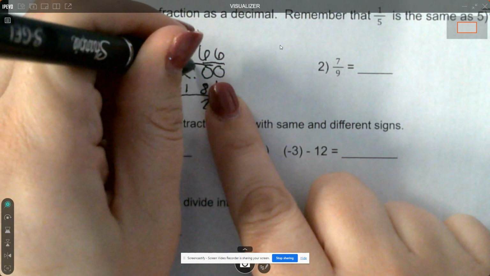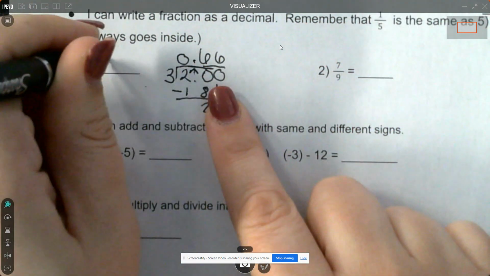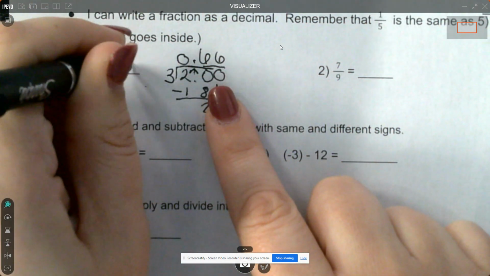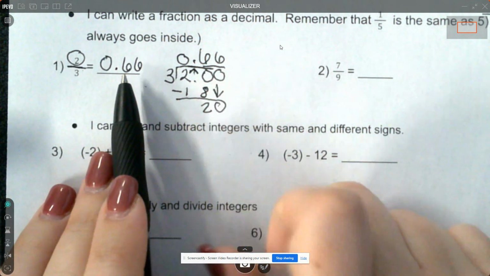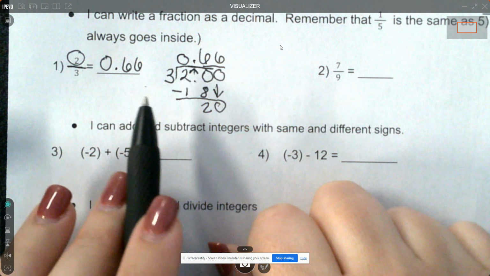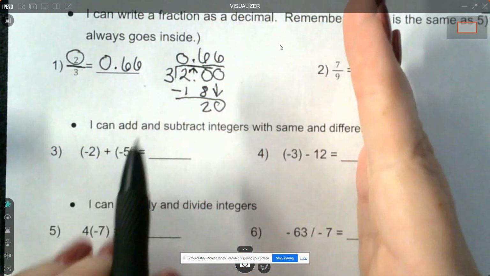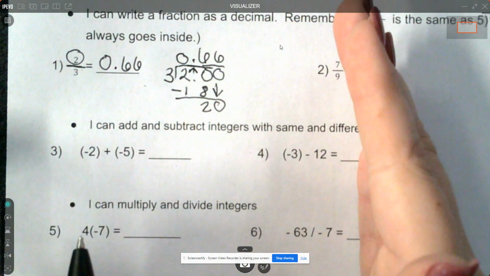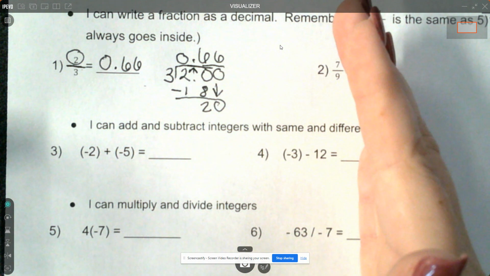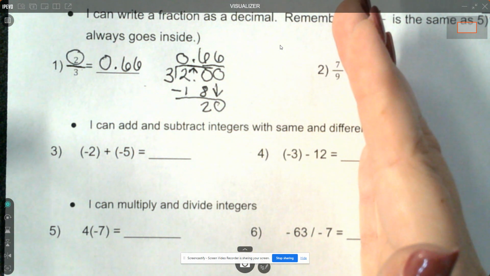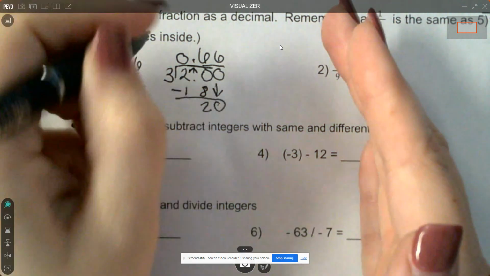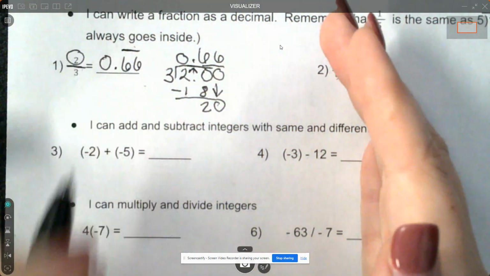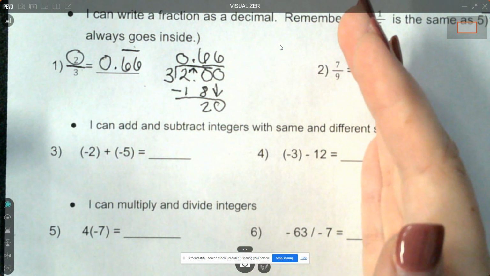So my decimal is going to go straight up, and I'm going to write down what I have. But if I leave it like this, it looks like it ends, like it's done. So what can I do to make it show that it's going to be repeating, Kayla? Draw a line over what number? The 6. You want to draw a line over the number that repeats itself.